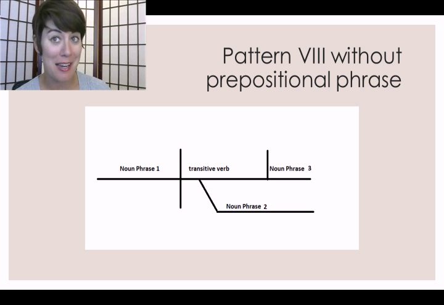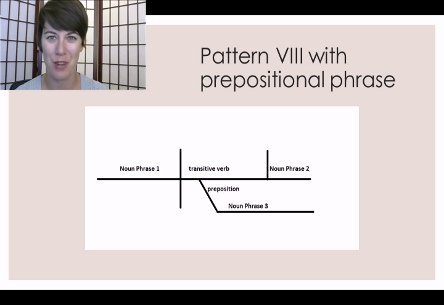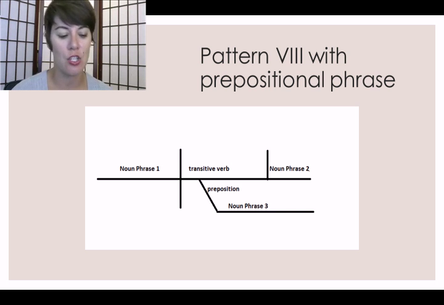I think it's because when we have pattern 8 with a prepositional phrase, I threw the ball to Butch, then we put the preposition to on the diagonal line of the little L-shaped thingy, and the indirect object still goes on the line. You'll notice that I changed the diagram slightly.